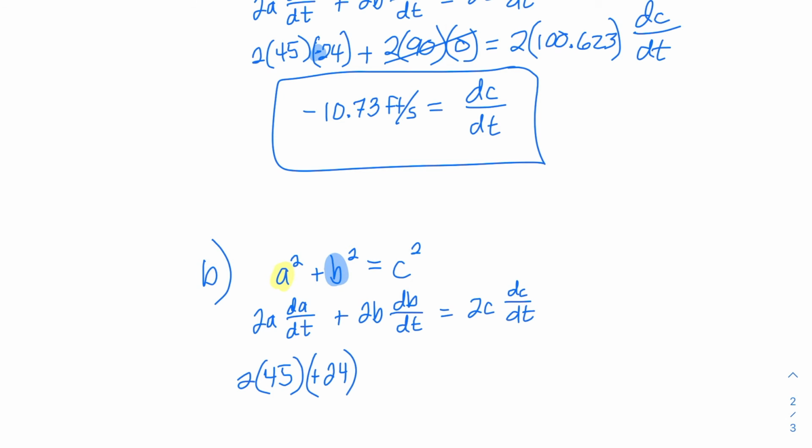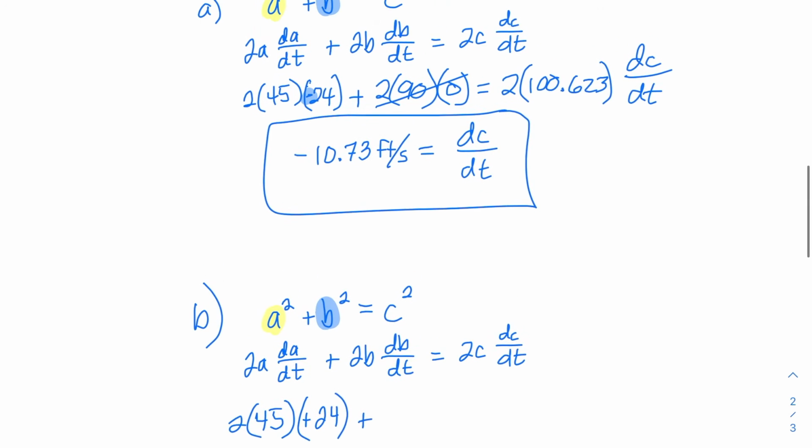So that's where we can assign our signage. But hopefully we can also appreciate that a shorthand way of doing this is to write it out numerically, and then you can figure out at the end whether you should be looking at a positive or negative based on whether you're decreasing a distance or increasing a distance. So here, we're increasing a distance. Plug in all the other values that we saw in part A.